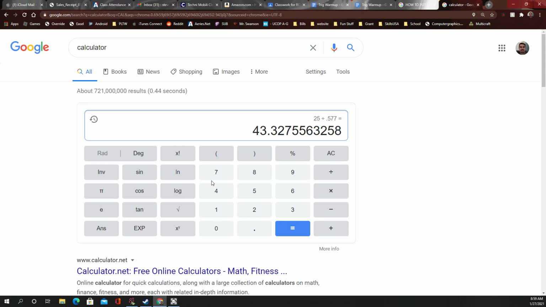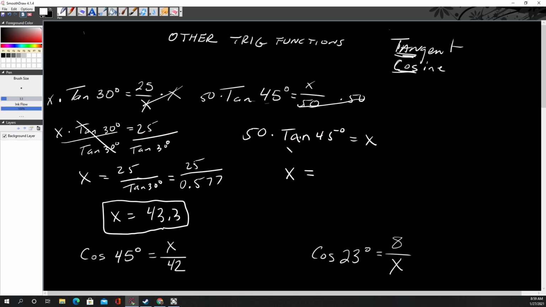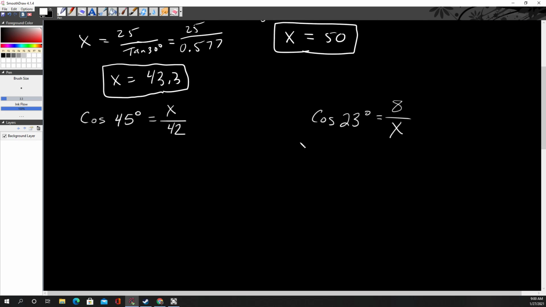You'll see why, because when you take tangent of 45 degrees, it's just 1. And so it's really just 50 times 1, which is just 50. That's the answer. The only way this would have been harder is if this was a different angle, then it would be 50 times 0.707 or whatever, some other number.